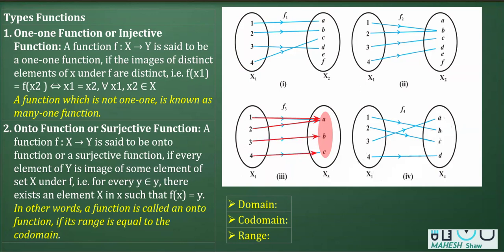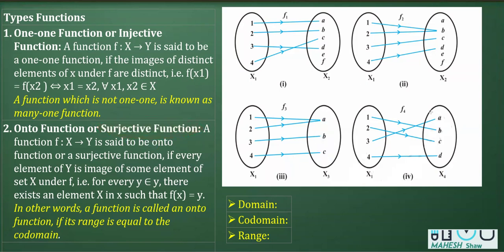So we can say that here the range coincides with the codomain, or the range is equal to codomain. So clearly it should be considered as onto. As I said, onto is also known as surjective function.